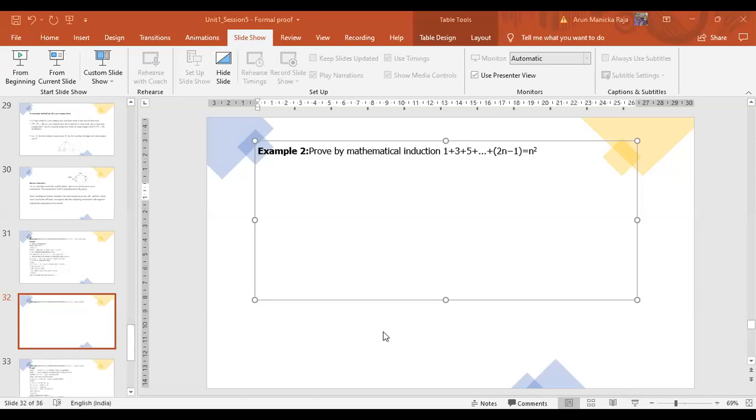Students, respond. Yes, ma'am. Nitya completed, Jacob completed, Reshma completed. What about others? Yes, ma'am. Leela also completed. What about others? Yes, ma'am. Ikshita.